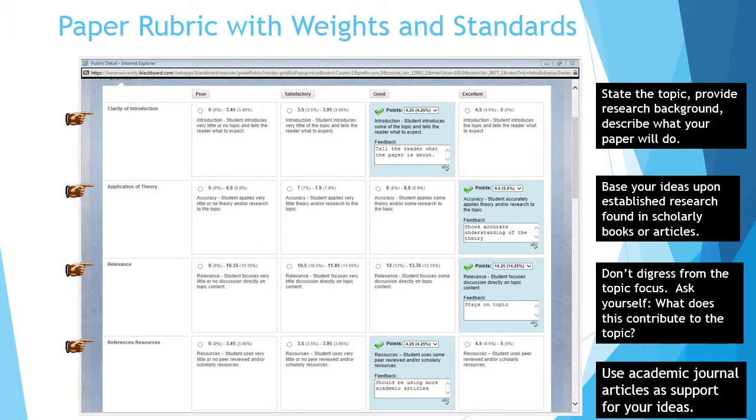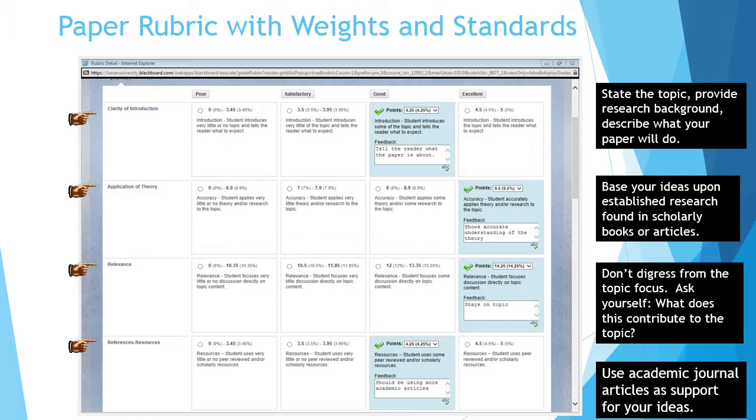What's considered a good reference? It should be coming from what we call a refereed academic journal, something that has been reviewed by other academics and is purported to be a valid and important contribution to the field. Wikipedia, USA Today, Huffington Post, those all provide news and information, and I'm not saying you can't use those at all, because they do provide some information.